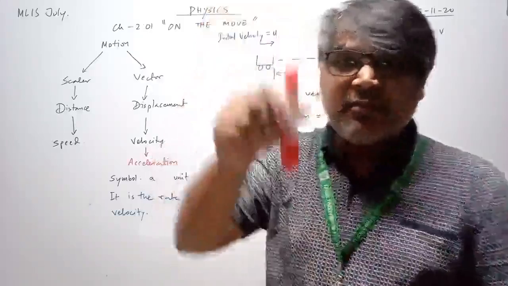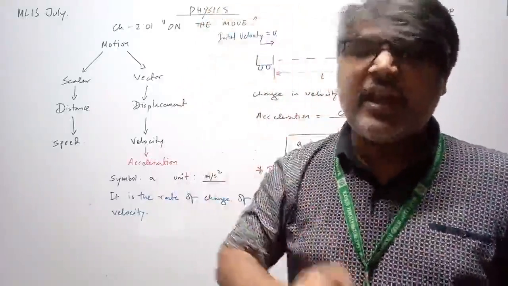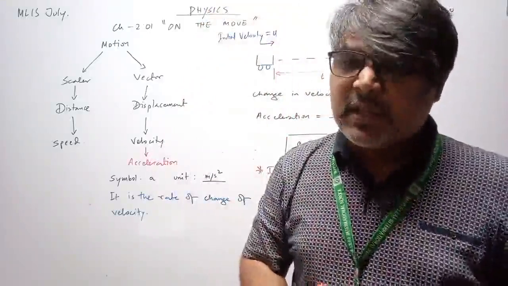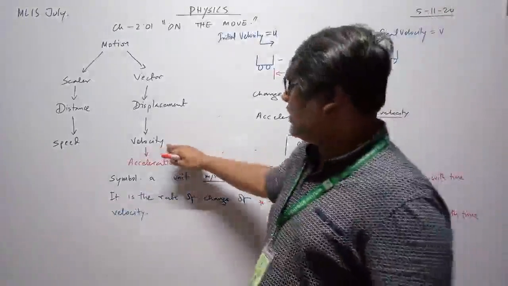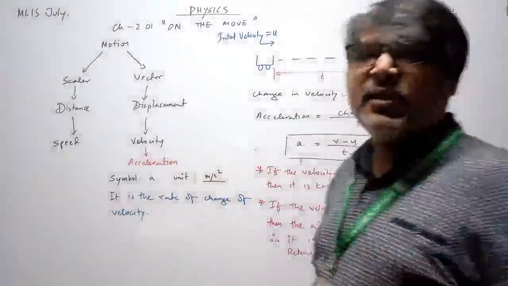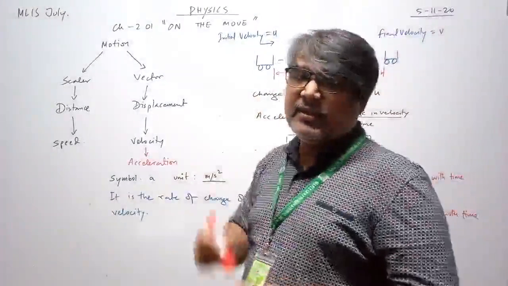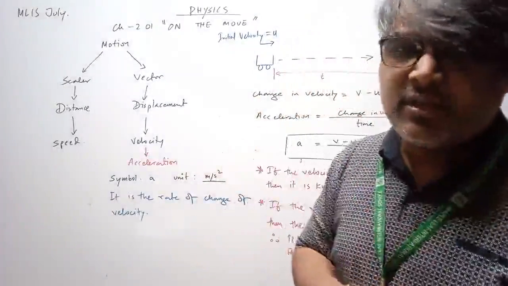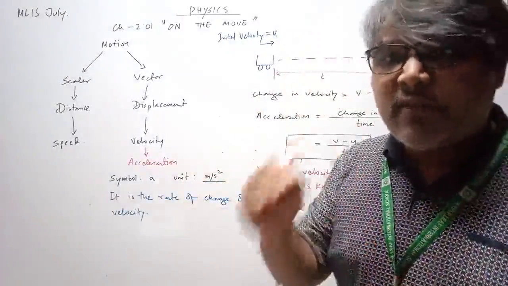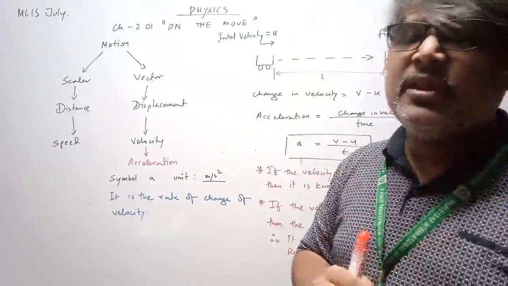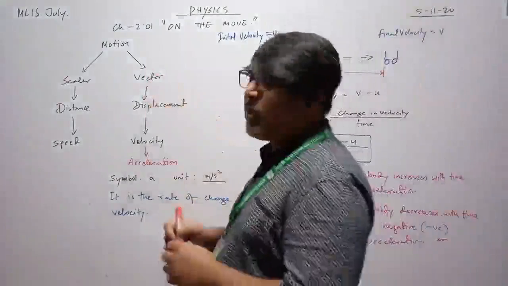So when it's moving, it has a direction towards Earth, and it has a speed as well. Speed along with the direction is called the velocity. But velocity is more precise. It is the displacement by time. It is the rate of displacement. The shortest distance traveled per unit time, the rate of displacement, is known as the velocity. So it is a key vector quantity.